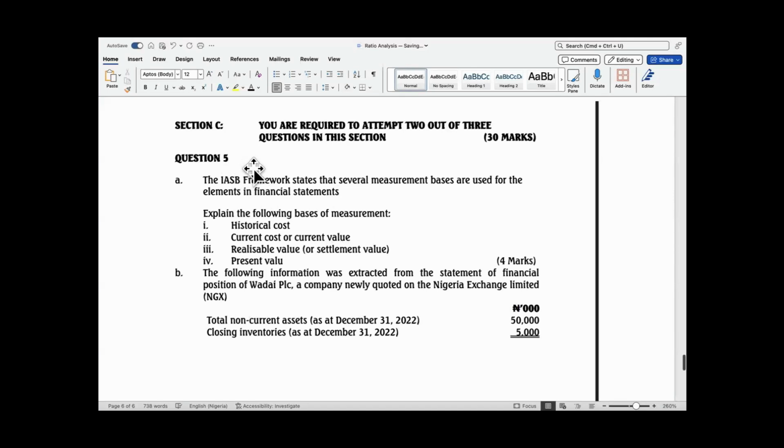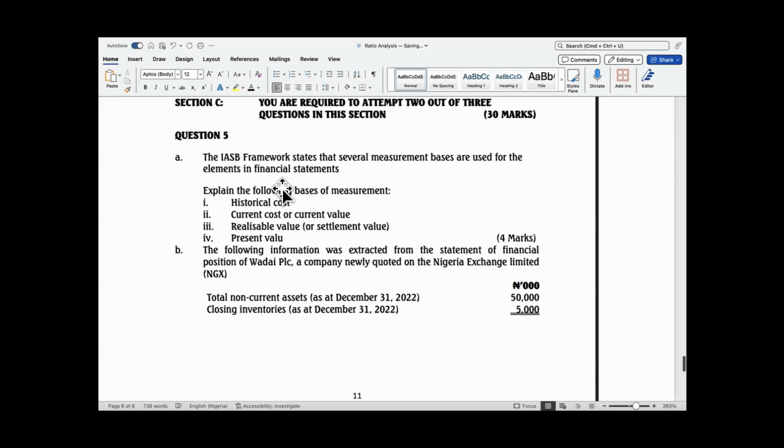It says the IASB framework states that several measurement bases are used for the elements in financial statements. Then it says, explain the following bases: historical cost, current cost or current value, realizable or settlement value, and present value. 4 marks, so 1 mark each. This should not even take you so long.